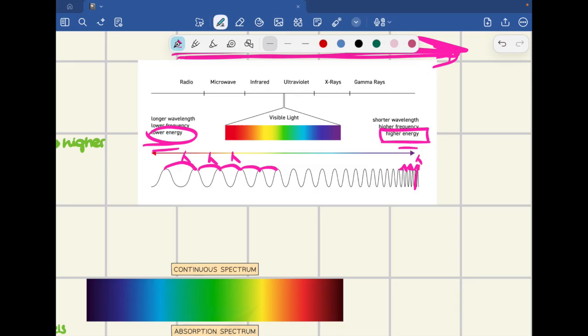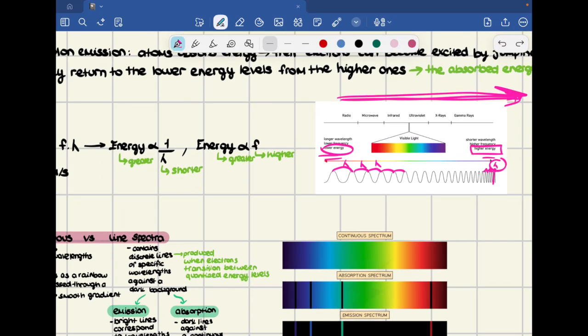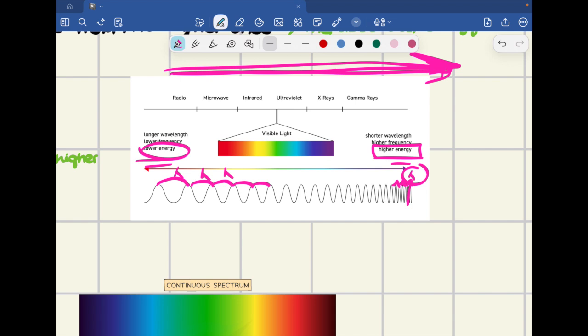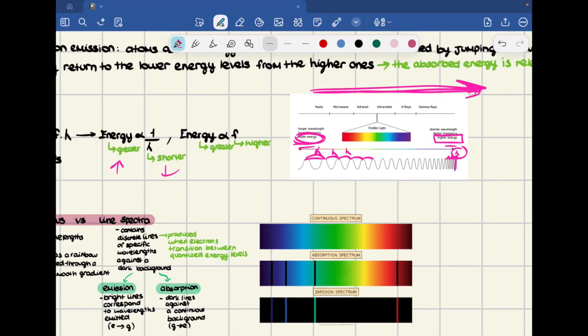Here we can see how the wavelengths are so much smaller compared to the lower energy part. So as energy gets greater, the wavelengths will become shorter. We can see how the wavelength is super short here, and how when there's lower energy, the wavelengths are longer. And this is how we can understand the inversely proportional relationship.